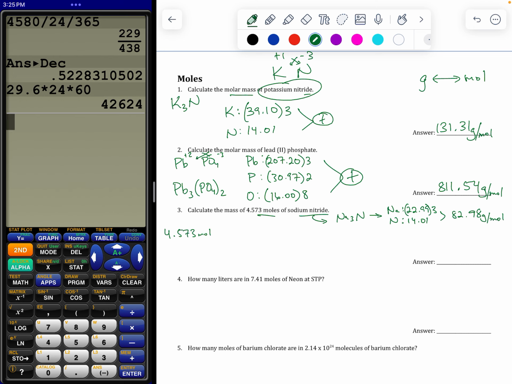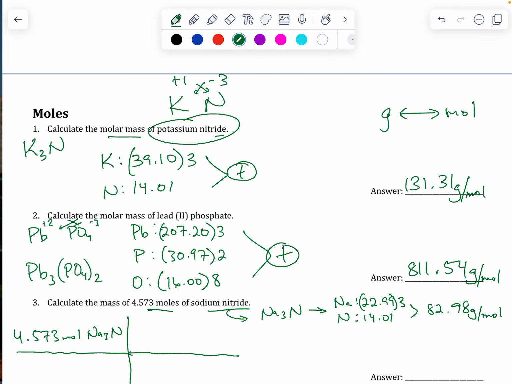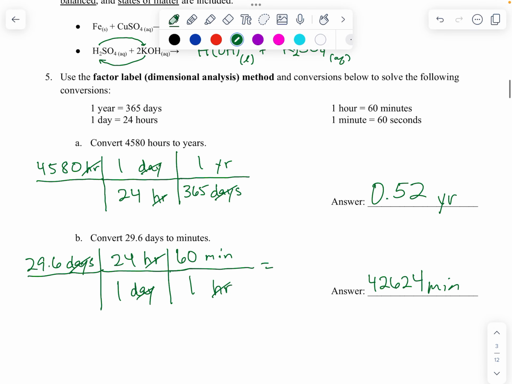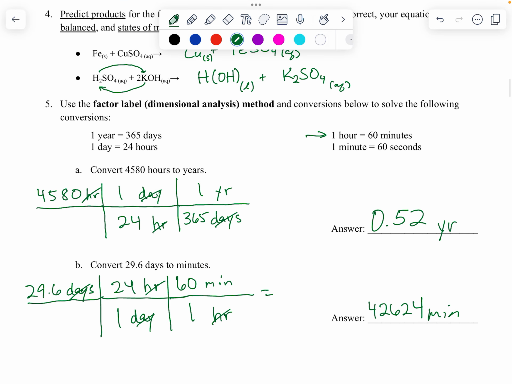Now, because I have this value, what I can do is take that value that I'm provided in moles of Na3N, and use that to cancel and get rid of moles as a unit and go to grams. So moles of Na3N to grams of Na3N. And again, this value is just that number of grams equal to 1 mole. No different than up here, how 1 hour is equal to 60 minutes, or 1 minute is equal to 60 seconds, right?